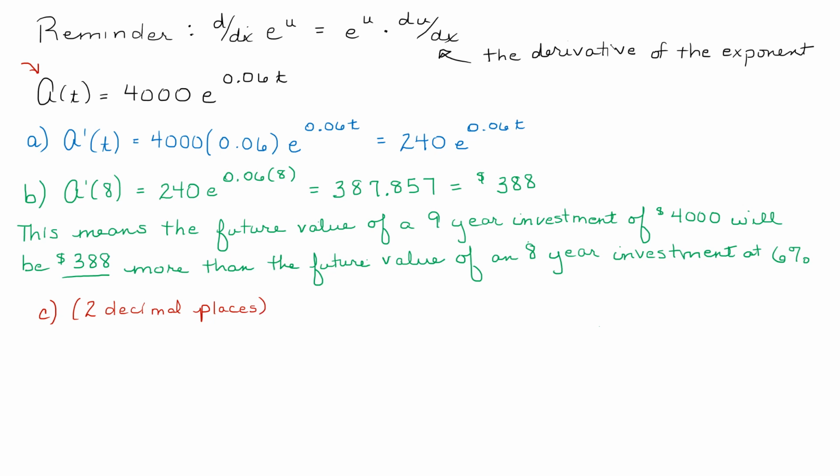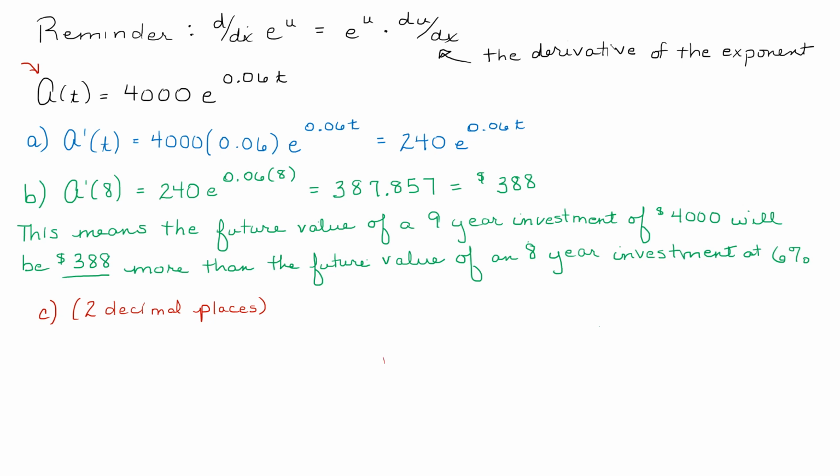So since we're comparing the approximation, which we've already worked out, to the actual change, we're going to plug our 9 years and our 8 years into the original A of t shown in black at the top.